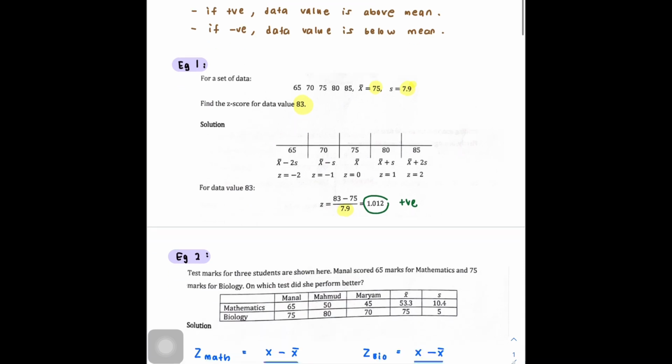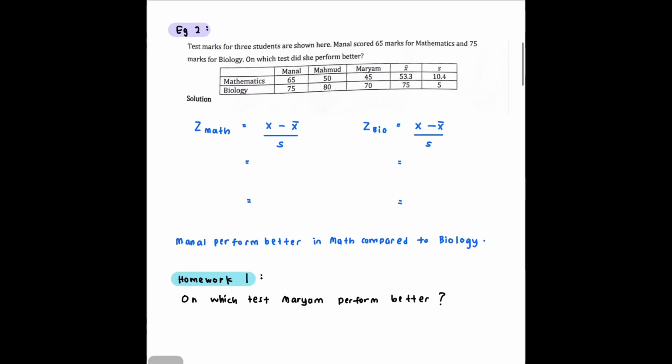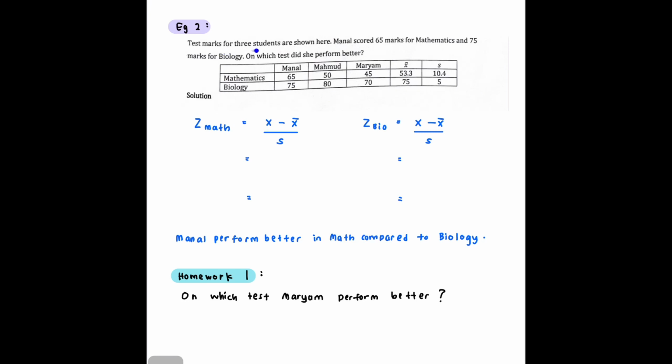Okay, look at example number 2. Test marks for 3 students are shown here. Manal scored 65 marks for mathematics. This is the Manal column. Maths is 65 and 75 marks for biology. So just referring to the Manal column, we have 2 subjects here. And then the question asks, on which test did she perform better?